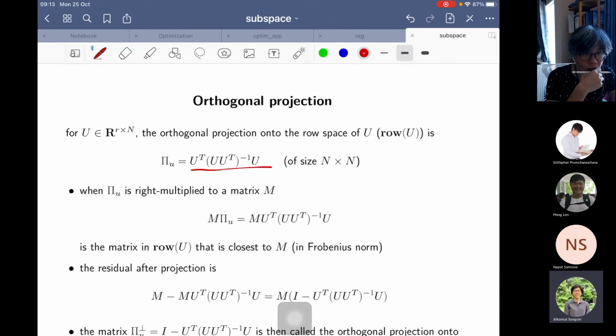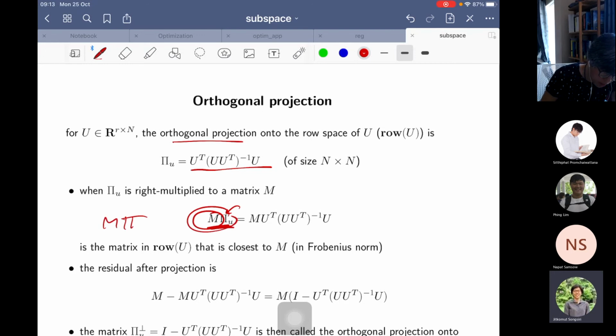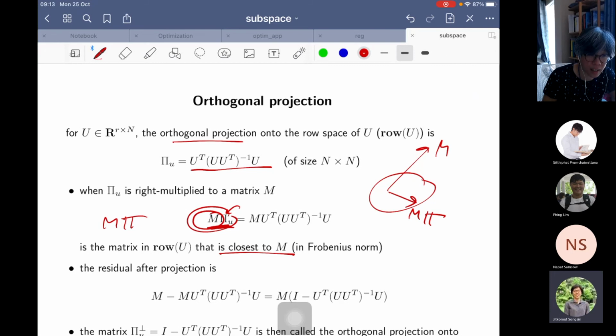Actually, it can be shown that when you specify pi this way, U transpose (U U transpose) inverse U, that is going to be the orthogonal projection onto the row space of U. Which means if you multiply pi on the right-hand side of any matrix M, the result M pi is going to be the matrix that is closest to M in the Frobenius norm sense.